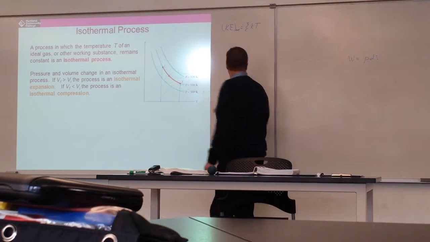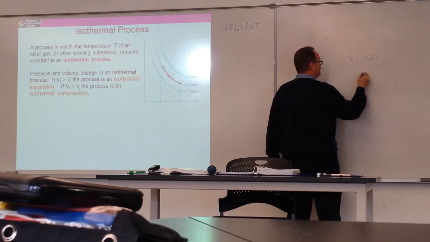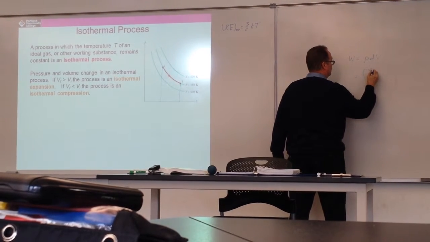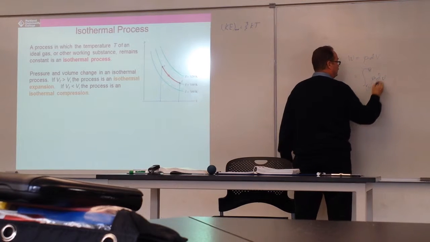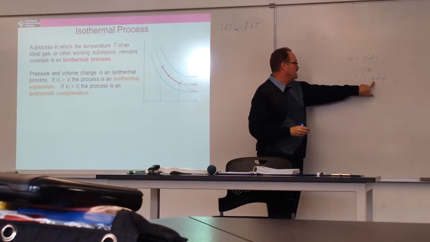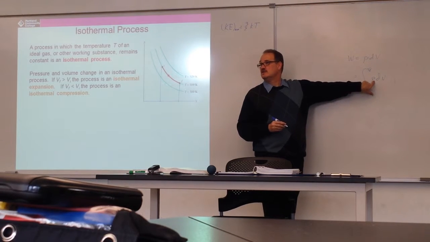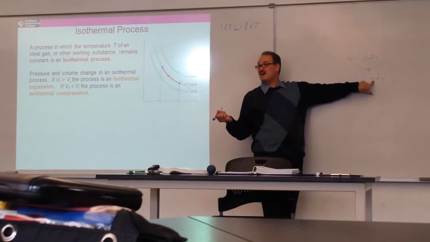So to get that area under the curve, we basically want to integrate this from the volume initial to the volume final, PdV. But we need to express this as a function of volume in order to do this integral. But it's an ideal gas.